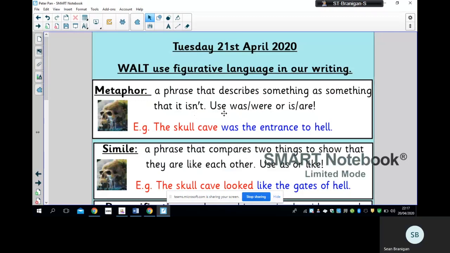So when using a metaphor, you tend to use was, or were, or is, and are. And my example here is: the skull cave was the entrance to hell. Now, it's not actually the entrance to hell, but you can see that whatever lies in there isn't going to be very pleasant. So it doesn't look like a pleasant object that's on the island. So I thought I would show this by using this negative metaphor.